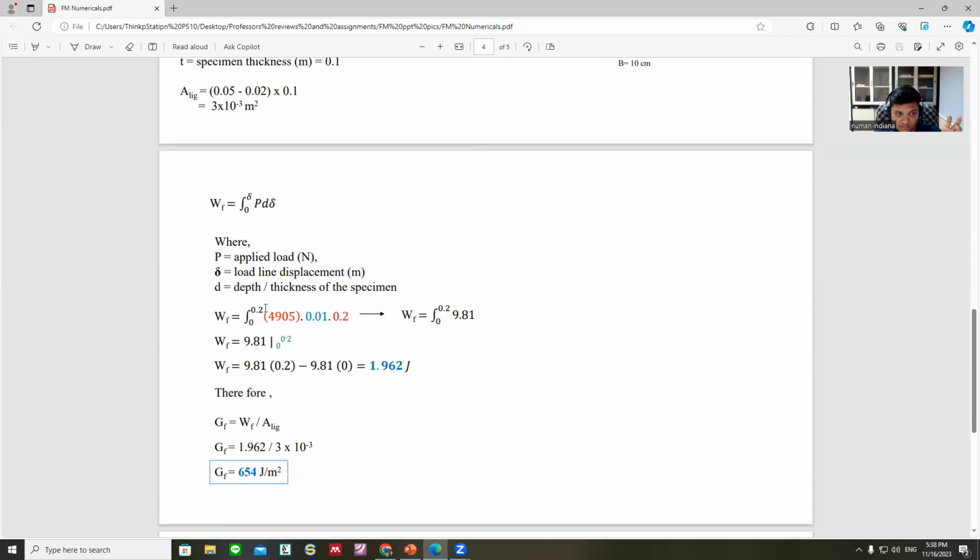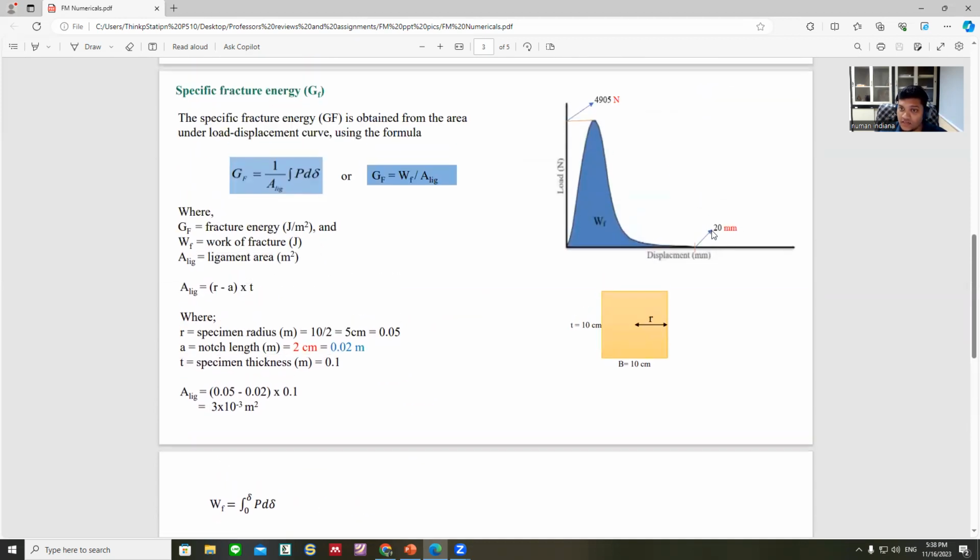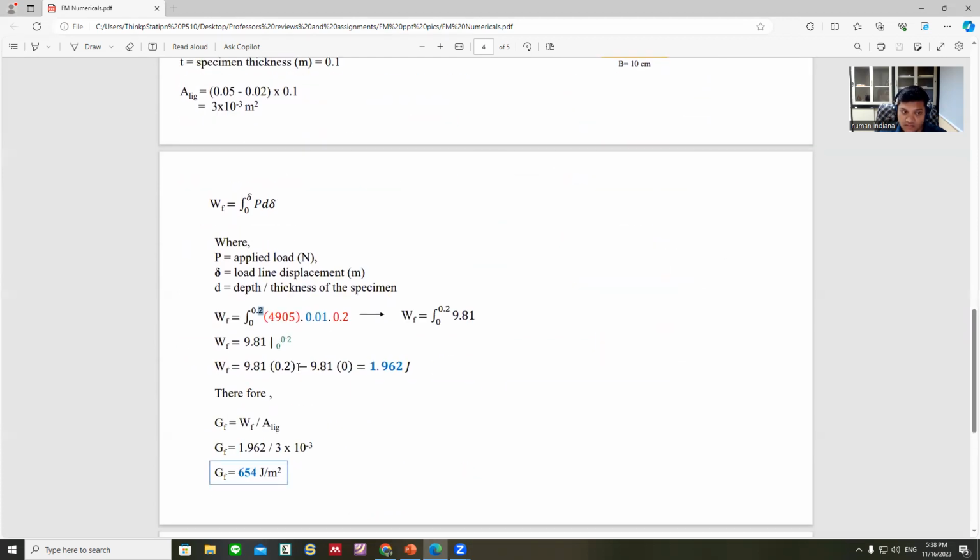I think some error is there here. If you convert 20 divided by 1000, because it is in mm, it is 0.02. Integration from 0 to 0.02, the load into the depth into the delta.